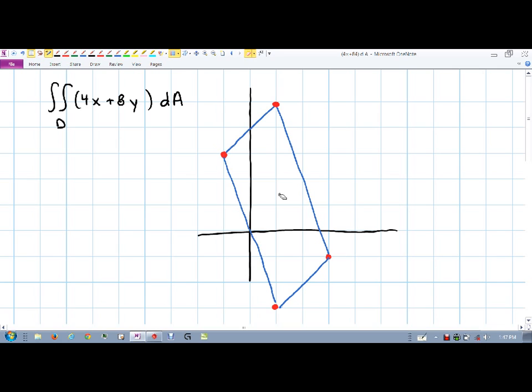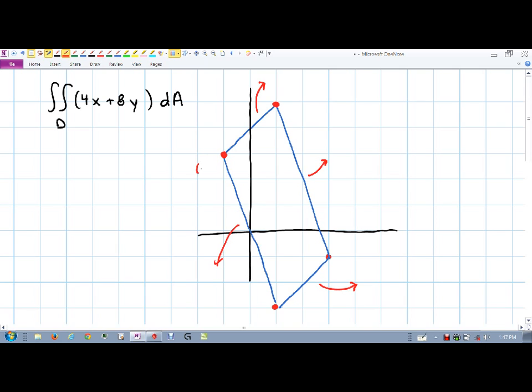Well, let's do something before we convert over. Let's actually find the equations. These are little line segments, aren't they? Let's try and find the equations of those lines that create those line segments. So what are they?